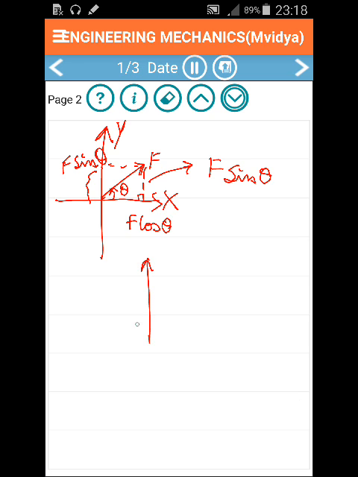So if the vector is oriented, say it is in the second quadrant, it's pointed like this. So this is my theta. So this would be my projection on the x-axis, f cos theta.